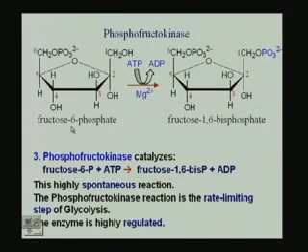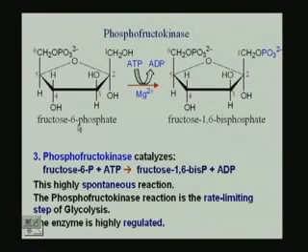You are going now from fructose 6 phosphate to fructose 1,6 bisphosphate, which means you have added another phosphate, which means the breakdown of another ATP, which means that you need a kinase. And what kind of a kinase do you need? A fructokinase. Why a fructokinase? Because you have a fructose and you are adding a phosphate to a fructose.